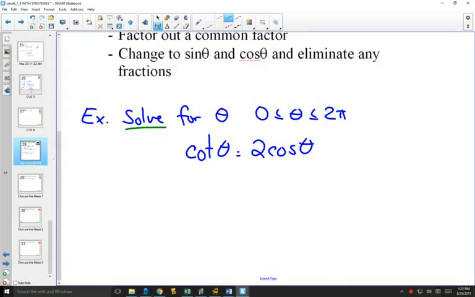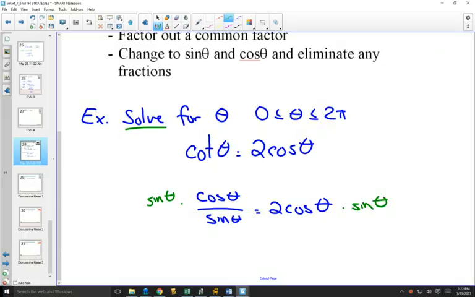Well, the only thing I can change is cotangent. That's cos over sine. And that changes things to sine and cos, but it involves a fraction. How do I get rid of a fraction? I'd have to multiply this by sine theta. But if I multiply one side of an equation by sine theta, I'm going to need to multiply the other side of the equation by sine theta.